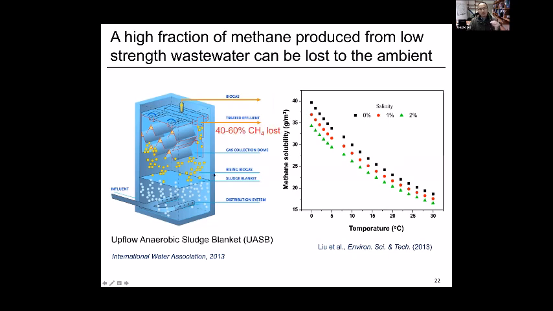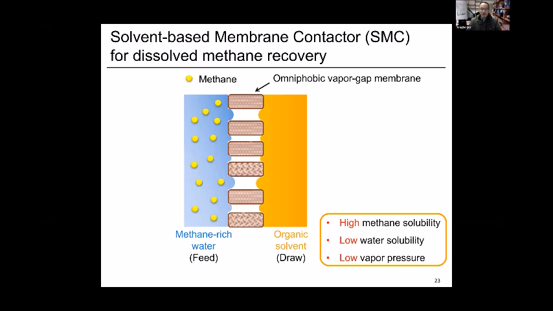For example, at 25 degrees C, more than 40 to 60% of the methane is lost in the effluent as a dissolved gas. So that was our direct motivation to develop a system that can effectively capture such lost, dissolved methane, so that the anaerobic treatment system can be more profitable.